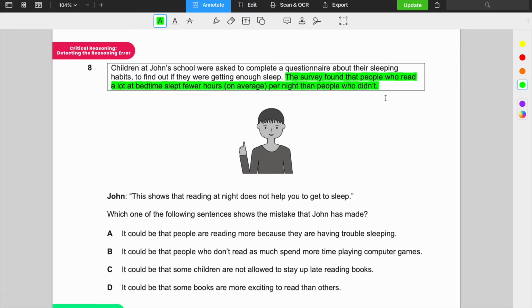Now, if you understand anything about scientific studies, I don't want to make it too complicated, but just because you observe a relationship, it does not mean that one causes the other. A very common example of correlation versus causation is as ice cream sales rise, we found that shark attacks increased.